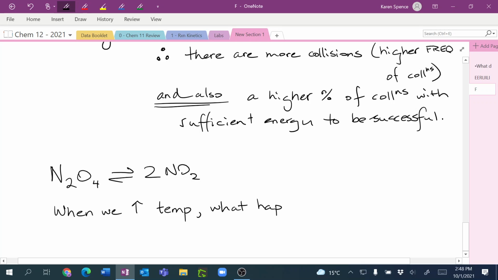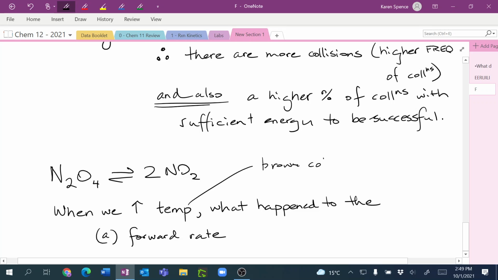what happened to the forward rate? It increased.